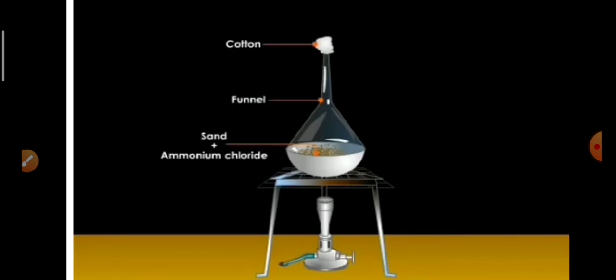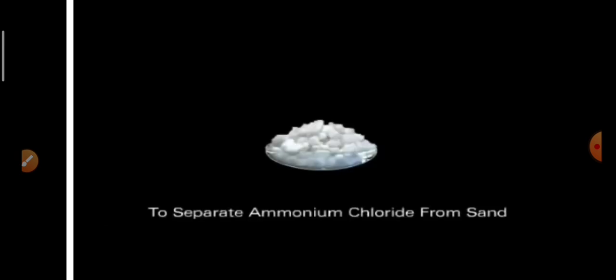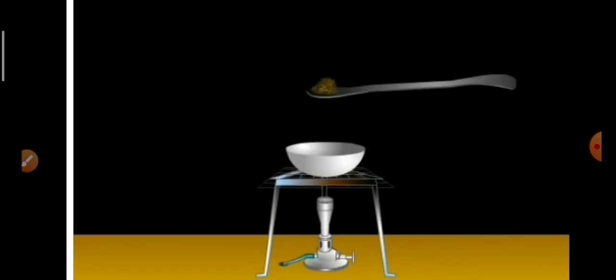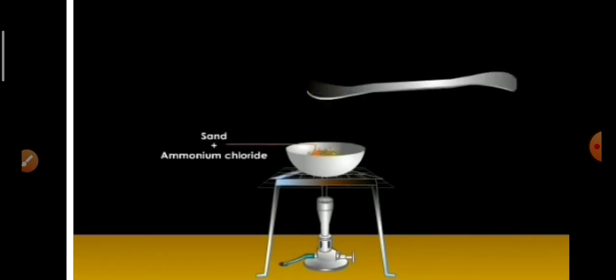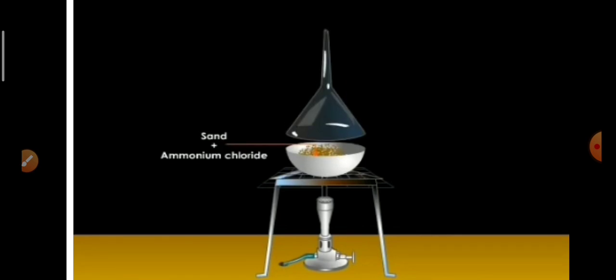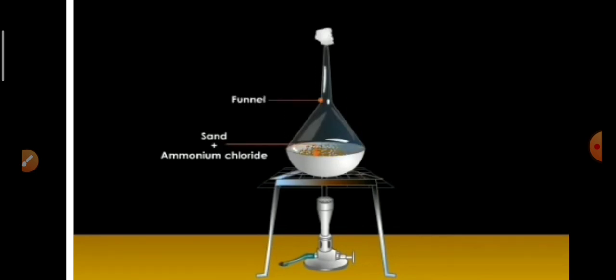The next method of separation is sublimation. To separate ammonium chloride from sand, put the mixture of sand and ammonium chloride in a china dish and cover it up with a funnel. Close the tip of the funnel with cotton. Then the china dish is heated gently.